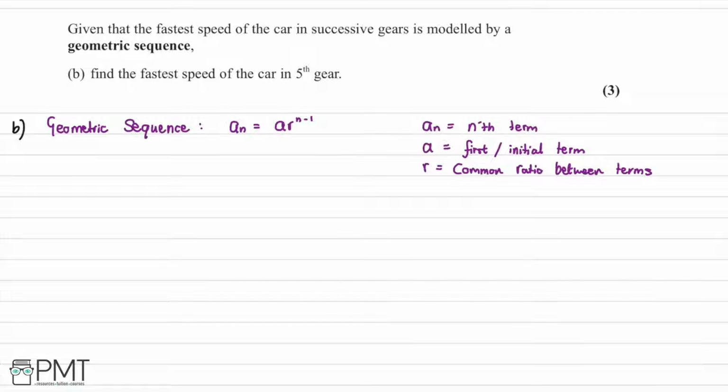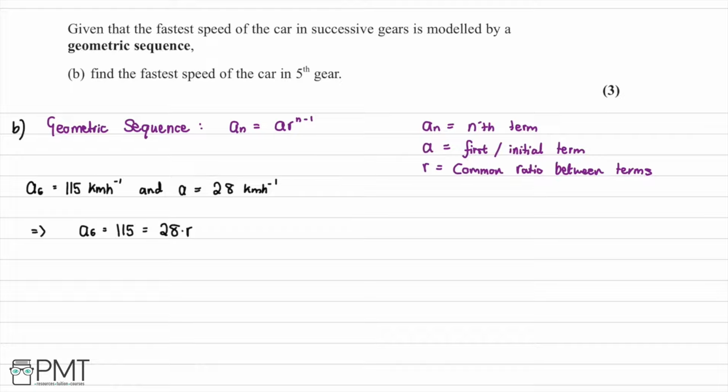So in our case, in the same as part A, we have that a of 6 is equal to 115 kilometers per hour, and a is equal to 28 kilometers per hour. Using our geometric sequence formula, a of 6, which is 115, is equal to 28 multiplied by r to the power of 6 minus 1, which is 5.